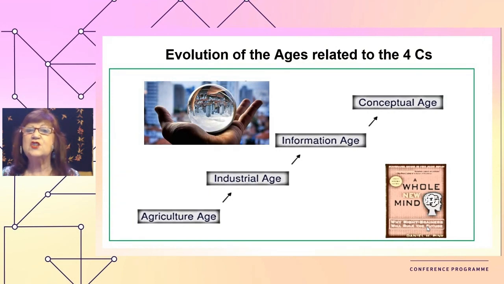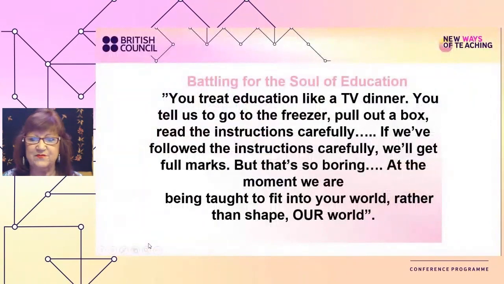It has evolved according to the times, and it's very important that we remember this. In a few moments, I'm going to show you a very short video of Sir Ken Robinson talking about how he thinks our educational lives are cyclical and how we need to think about the agricultural age and relate that as a metaphor to teaching.